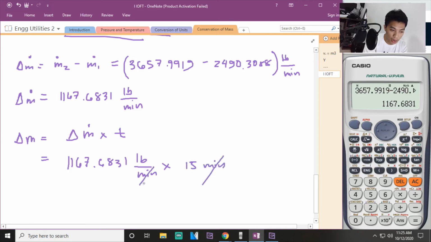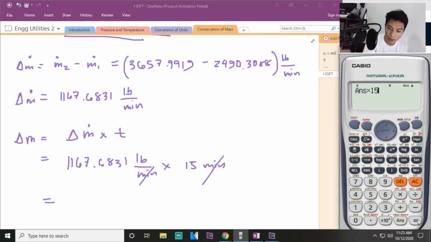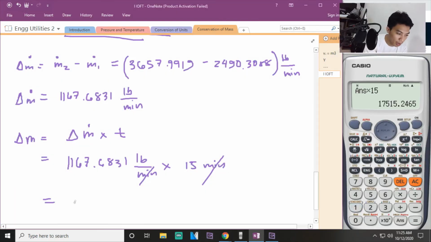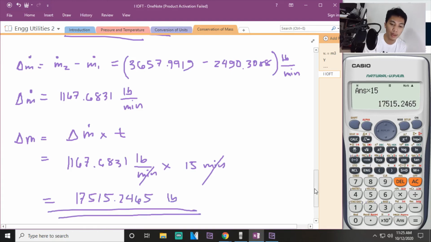So, cancel to, cancel to. The mass change will be in pound times 15 equal to 17,515.2465 pounds. So, that is the mass change in 15 minutes.